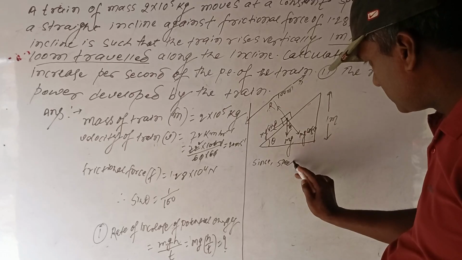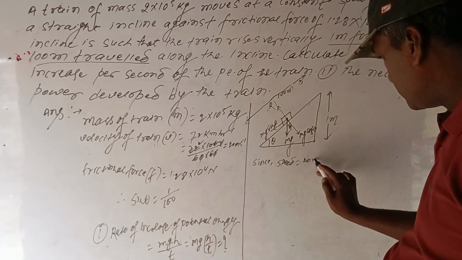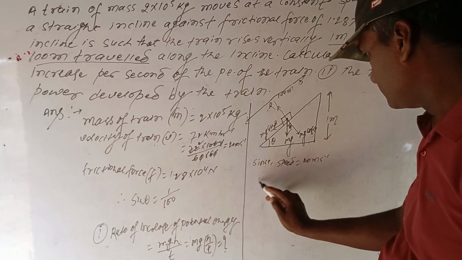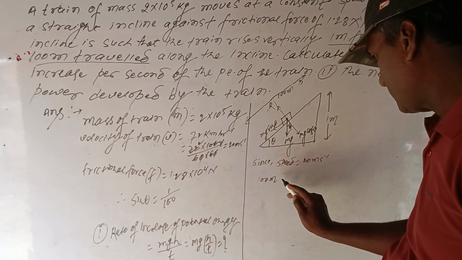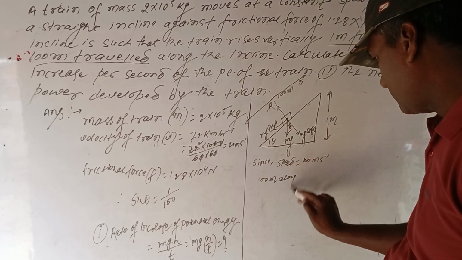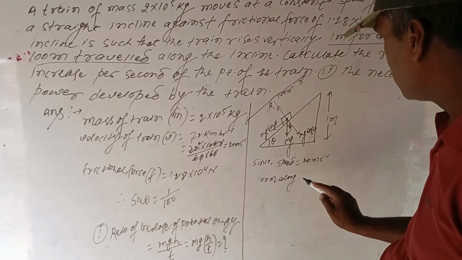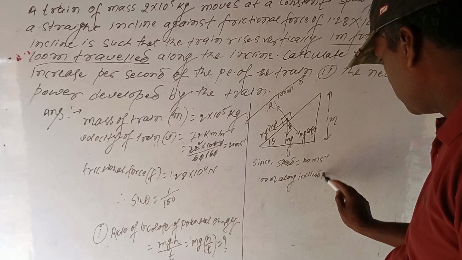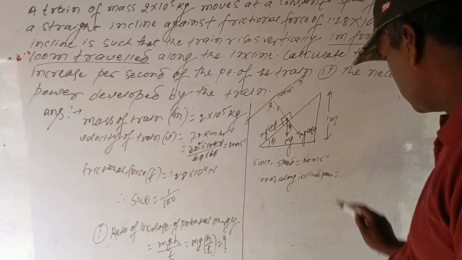Now the rate of increase of potential energy. The rate of increase of potential energy is actually work done per unit time. Therefore, its unit will be watt, just like power.